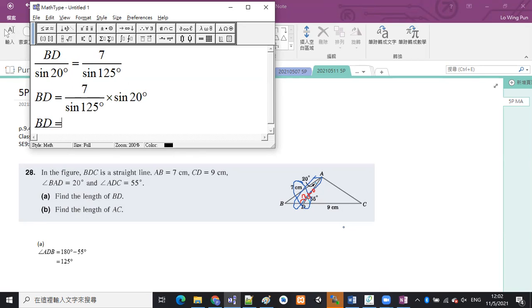And then BD is calculator. What is the answer? Is it 2.9 something?